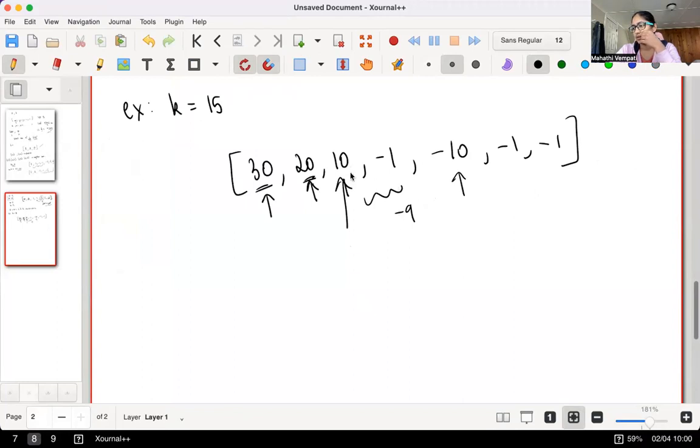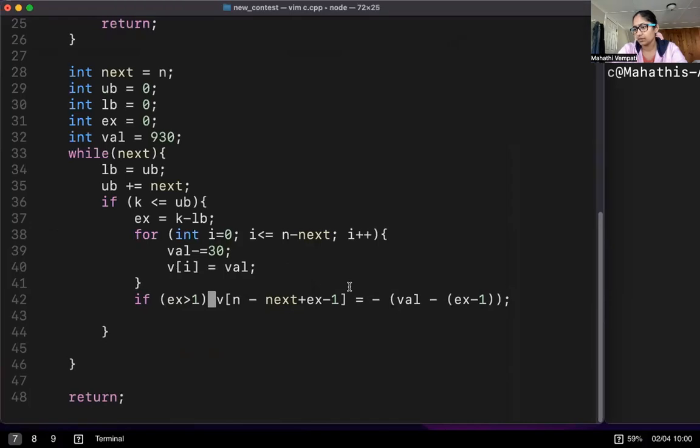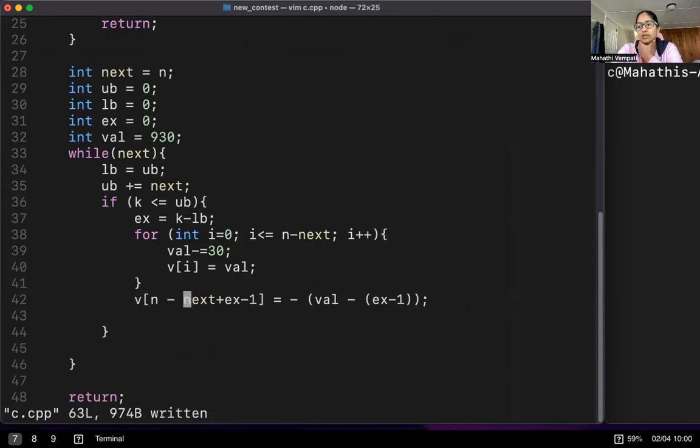You'll never have extra as 0. If you have extra as 1, you want this to change, right? Okay, yeah. n minus next, which is 2, plus extra, which in this case is 1.